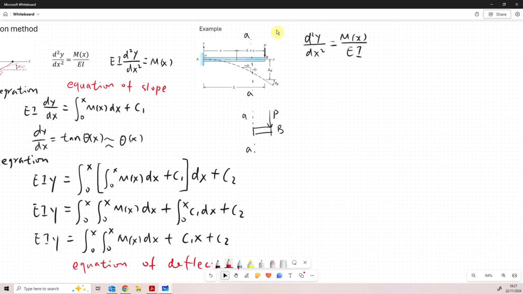The origin of the coordinate system is at point O. So we start from O.